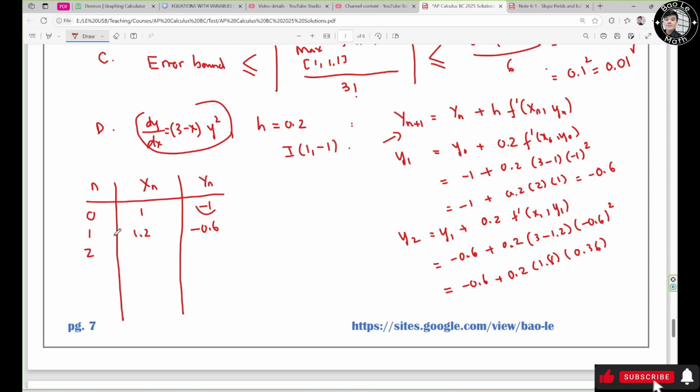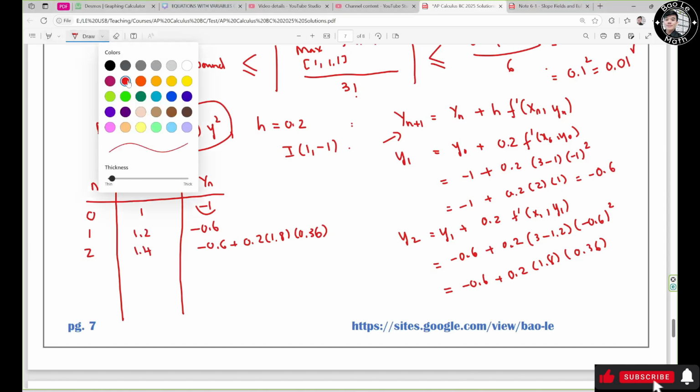So y2 is negative 0.6 plus 0.2 times 1.8 times 0.36. Then s2 is 1.4. So the answer should be this.